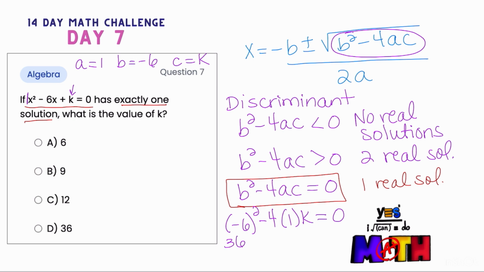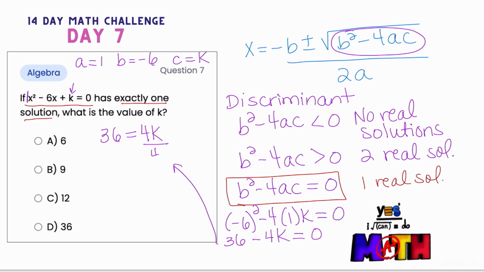Positive 36 minus 4k is equal to 0. This means 36 is equal to 4k because I moved the 4k over to the other side. Divide by 4, and the value of k is equal to 9. So the answer is B.